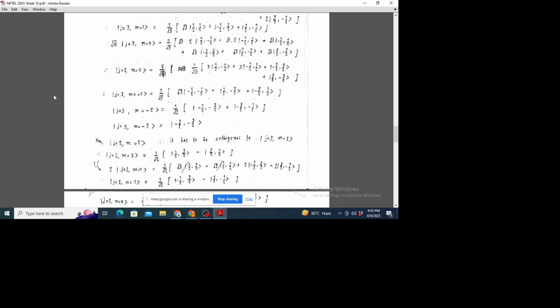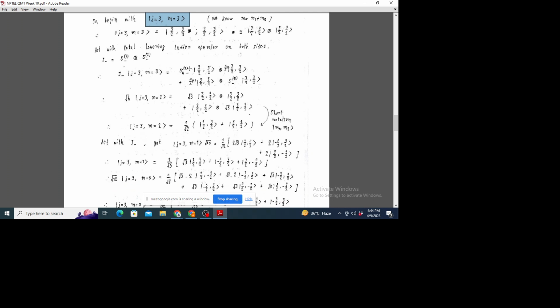Okay, so once you have the highest weight state for J equal to 3 and M equal to 3, you can directly find the J equal to 3 states with other M values by acting with these lowering ladder operators.